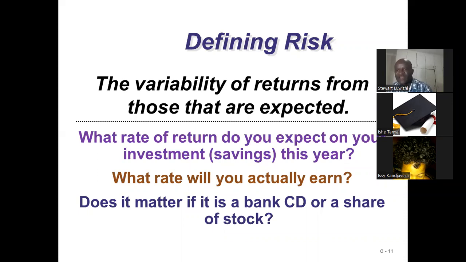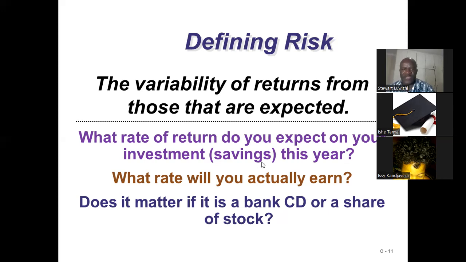So we can define risk as uncertainty. We can define risk as the chance of getting an undesired outcome. We can also define risk as the probability of us not getting what we're looking forward to getting from our investment, right? So what rate of return do you expect on your investment?